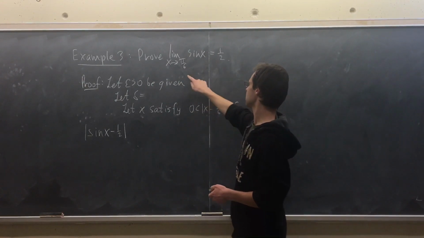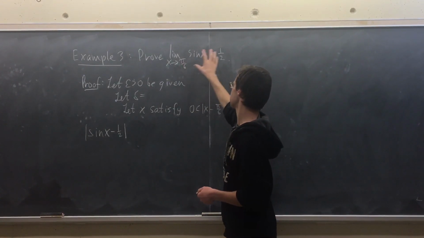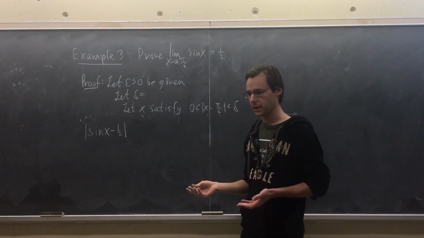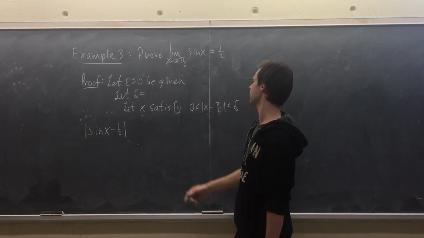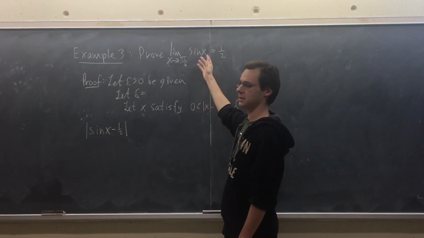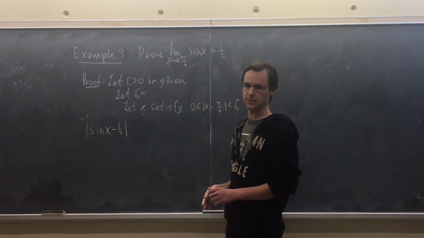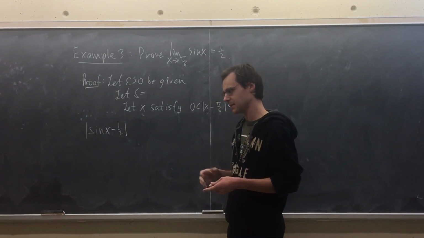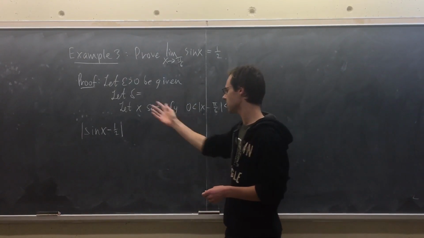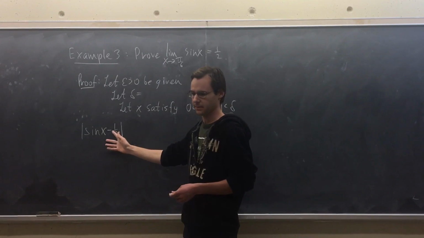So here we're looking at a specific point that we're approaching, and we have a specific limit that we want to prove. But if we back up a bit and generalize and prove instead that the limit as x approaches any a value of sine x equals sine a, that actually turns out to be a bit easier. Or it's at least a little bit more transparent what you need to do to begin the problem. Because here, you sort of don't know how to begin.